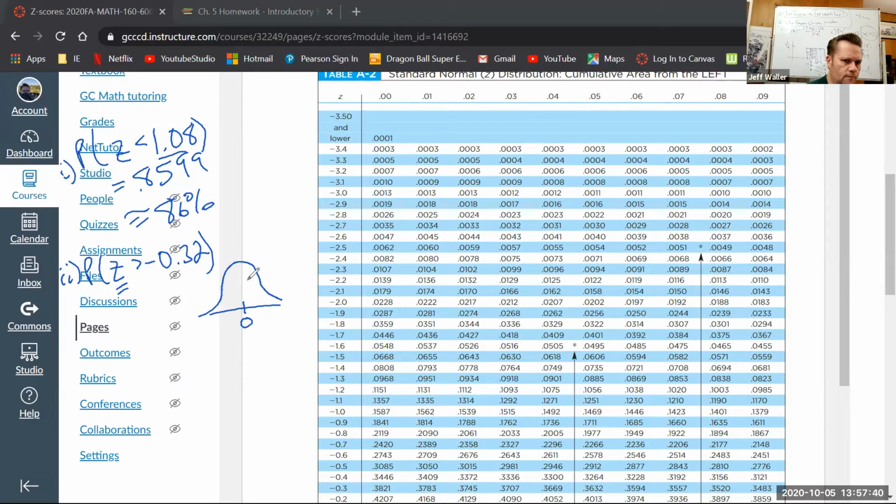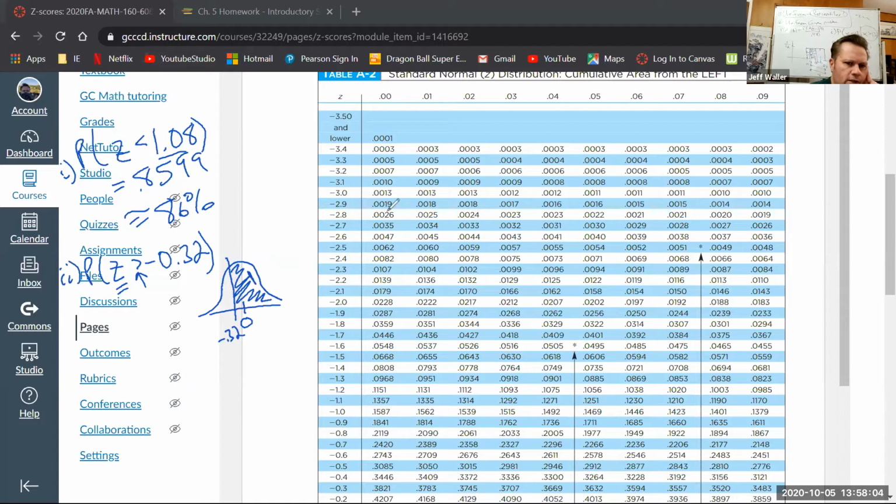On the left. Yes. And of course, where's the area that this question's asking me about? It says greater than. Right.